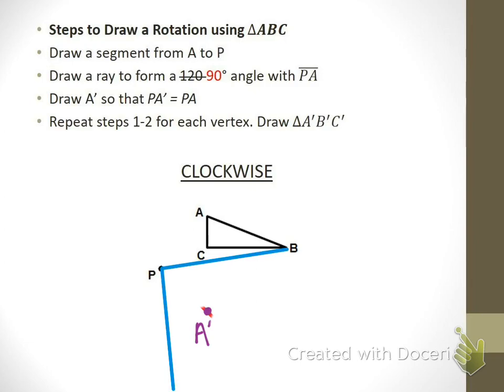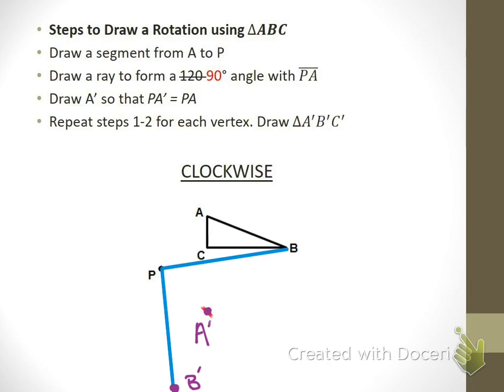So B prime is going to be landing pretty close to the bottom here, if not all the way down for me. On your paper, you might have a little bit better space to work with there. So there is my B prime. Questions about B prime before we move on to point C? Caleb? Okay.